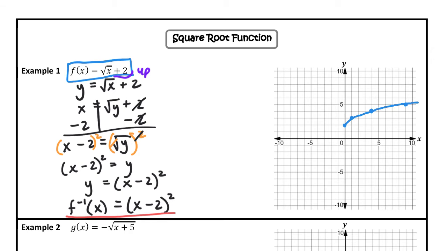Okay. So this is the quadratic function. And then I'm going to draw the reflection line. So the reflection line is the diagonal.